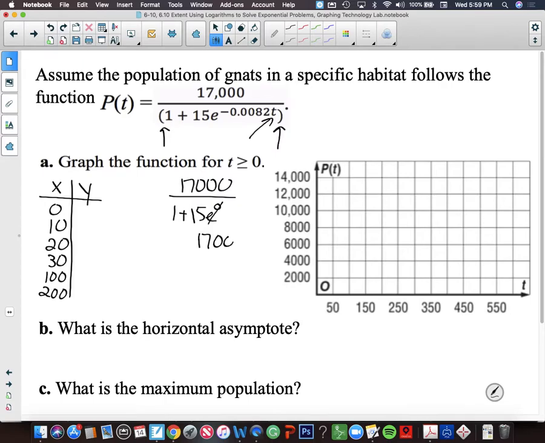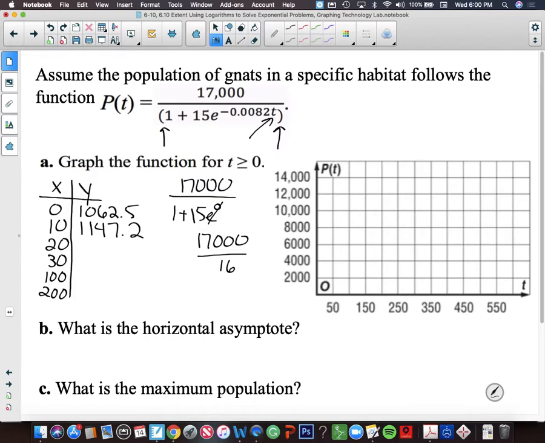17,000 over 16 gives you 1,062.5. That's what our population is starting off at, according to this model. Then when we plug a 10 in, you get 1147.2.